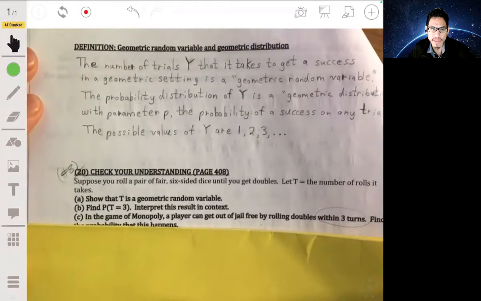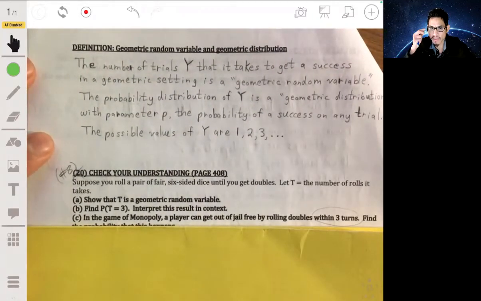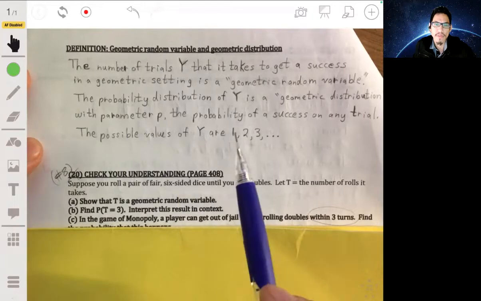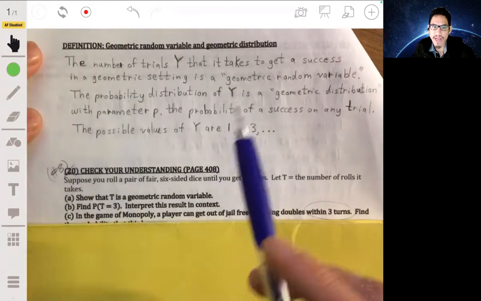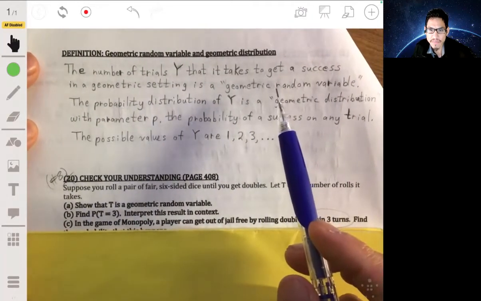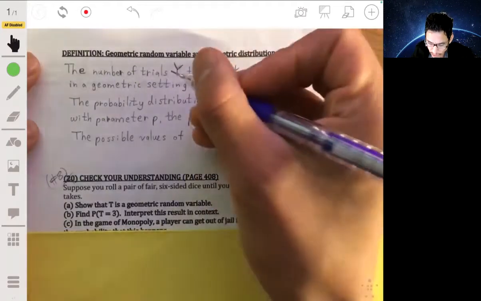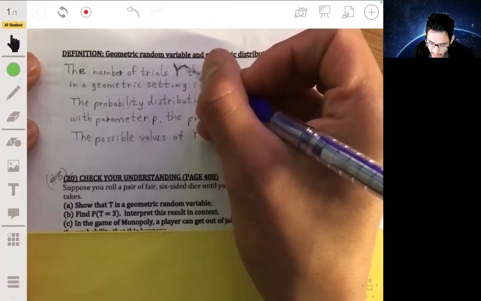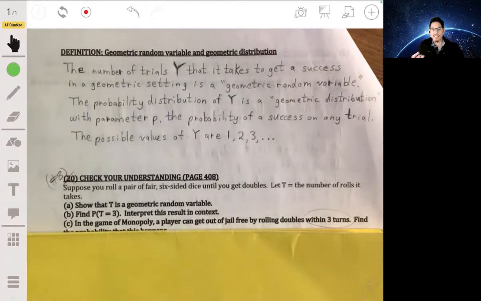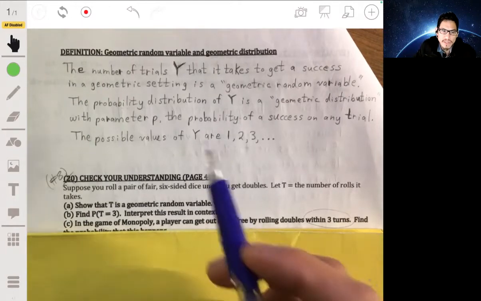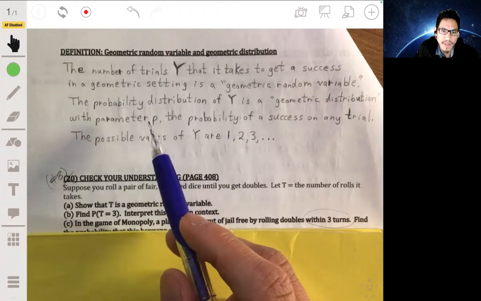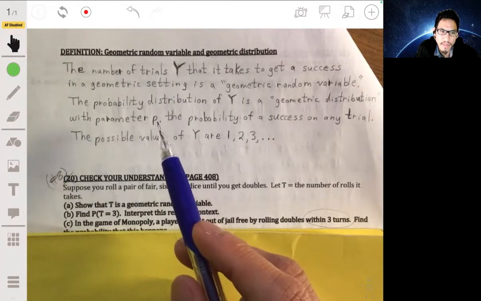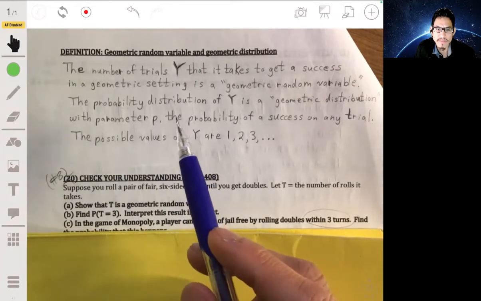Say that we have a geometric random variable with a geometric distribution. We're basically counting the number of trials it takes to get a success, and we use Y, or capital Y, to represent geometric random variables. We do that to distinguish it from binomial random variables, which are capital X. And so we're still going to have probability p that is the same on each trial, just like in binomial random settings.